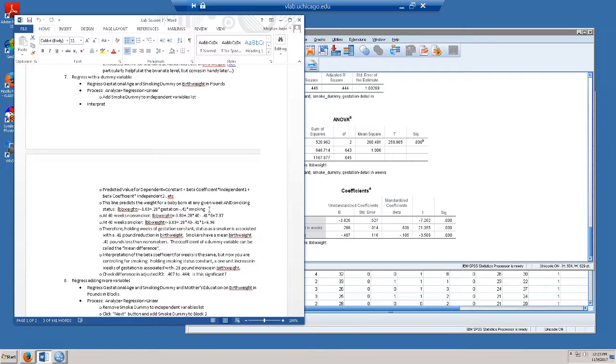We are explaining a little bit more of the association with weight, but some of the association between weeks and weight is also associated with smoking. It's the relationship between smoking and weeks that overlaps, that changes our beta coefficients.